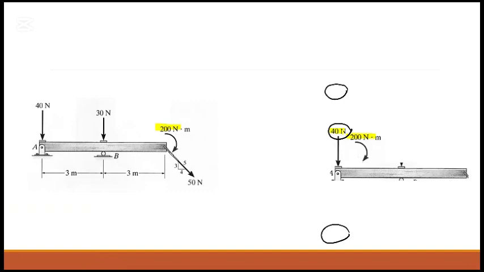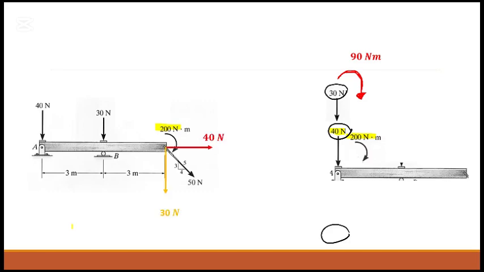This is already here. Now the next one, 30, you can bring with a moment of 30 times 3, isn't it? Clockwise. Yeah, 30 times 3 is 90. Then this one, 50, we need to divide into 2 directions.